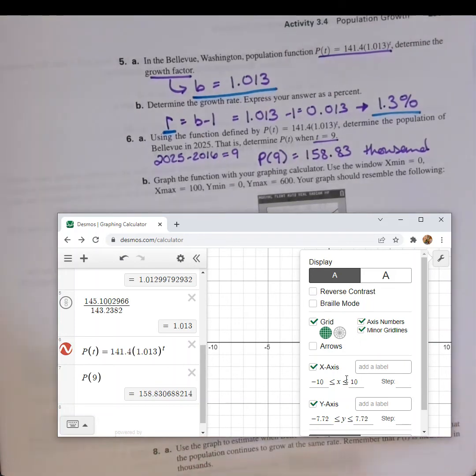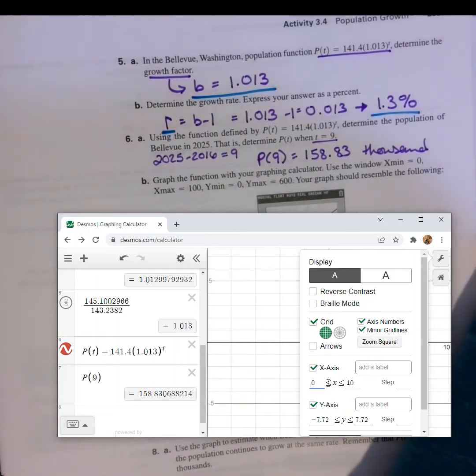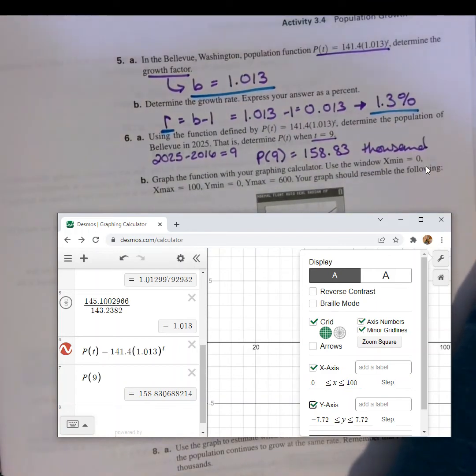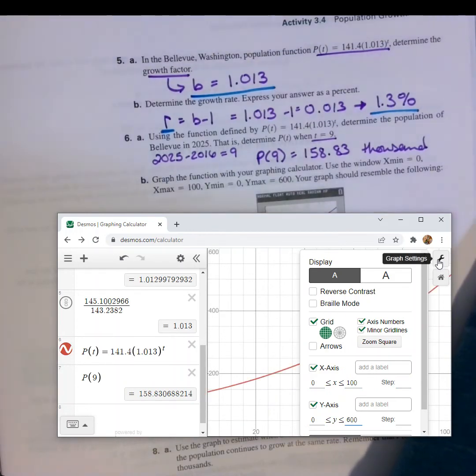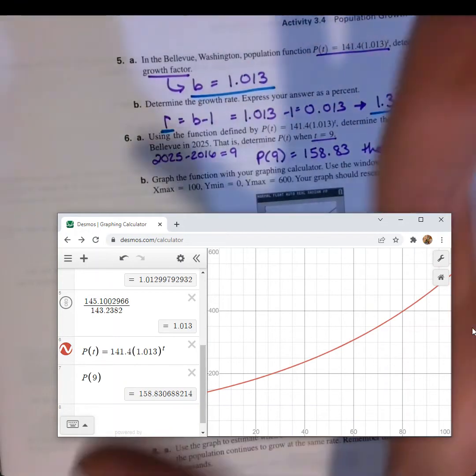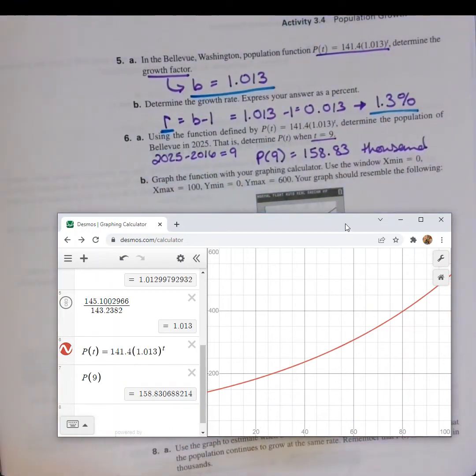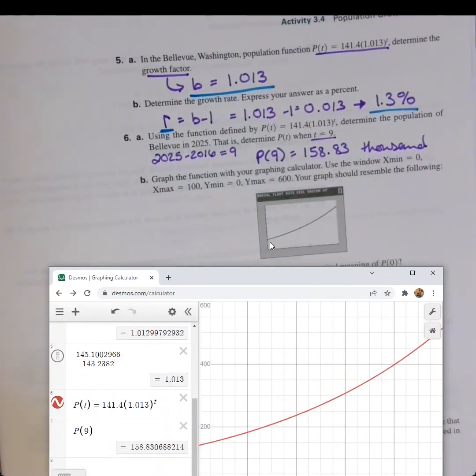But they have asked me to rescale this in a particular way, with 0 as the smallest x, 100 as the largest x, 0 as the smallest y, and 600 as the largest y. And now that I've got my function rescaled, I can see the graph. And the graph that I'm seeing here should match the calculator graph that they're showing right there as well.